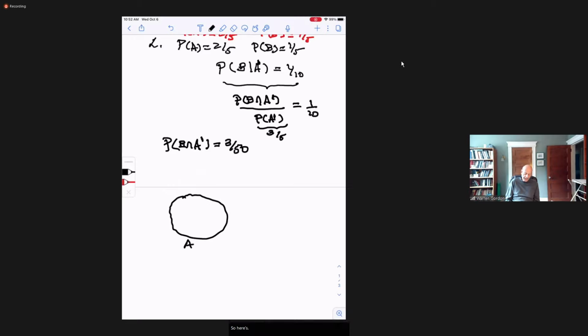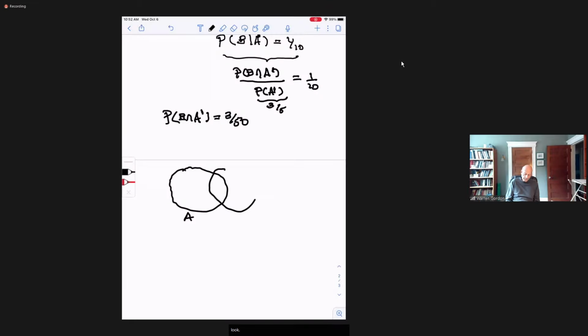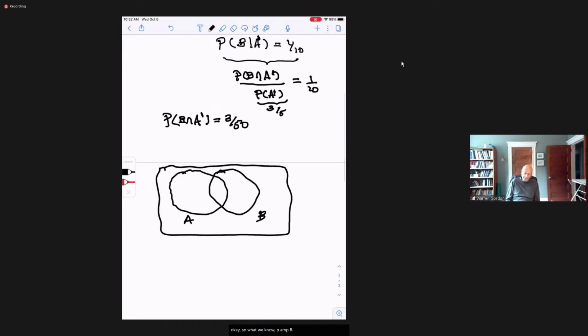So here, say, is A. Here's B. Okay, so what do we know? P of B intersection A complement, where is that? That's right here, right? And that's 3/50. Maybe I should switch to red here. So this is 3/50.